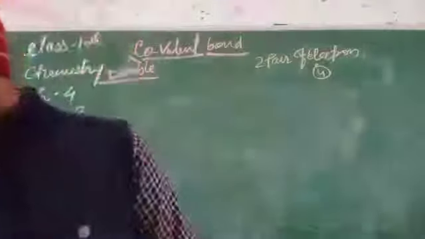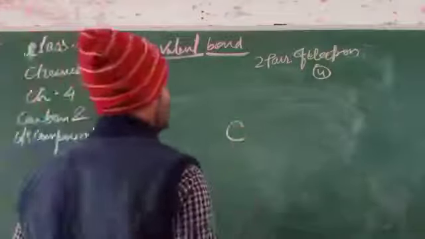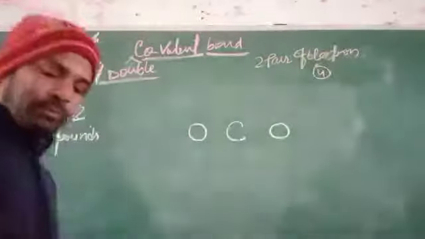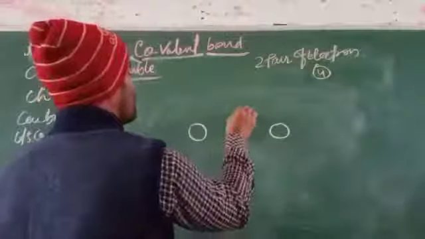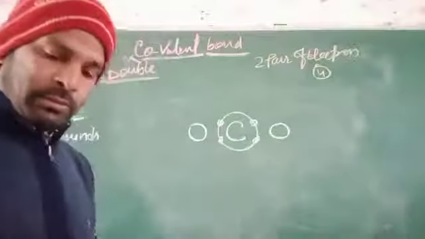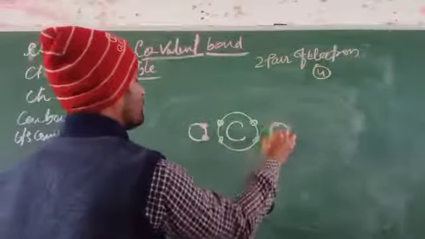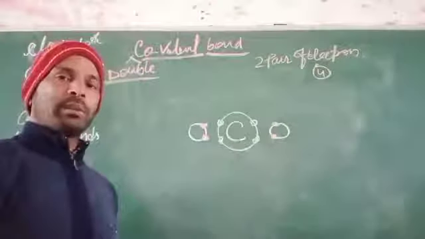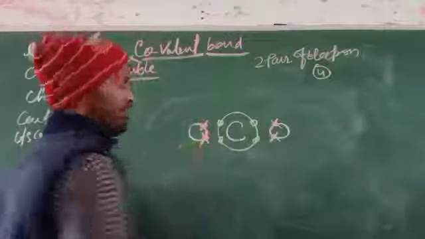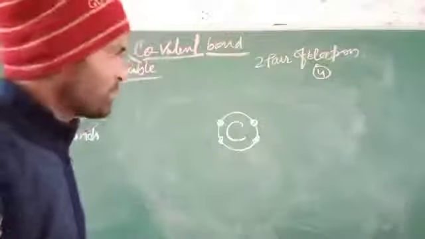We will see the next one, that is carbon dioxide. Here is 4 electrons in the case of carbon and oxygen having 2 electrons on its outermost orbit, they have to be filled by 2 electrons. So what do they have to do? They will have to share the electrons.